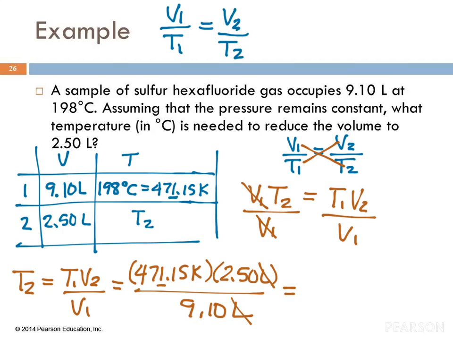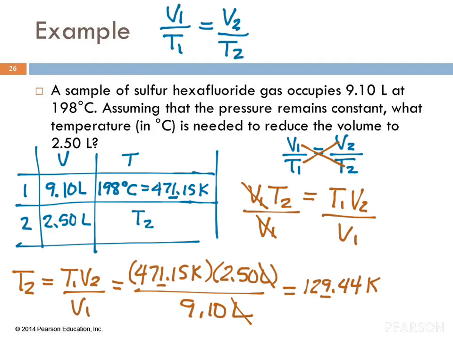471.15 times 2.5 divided by 9.1. How many significant figures should our answer have? 3. 129.44 kelvins, should have 3 sig figs.